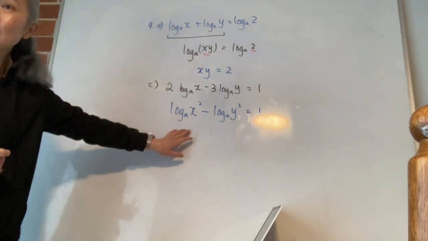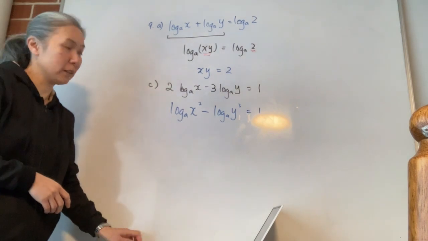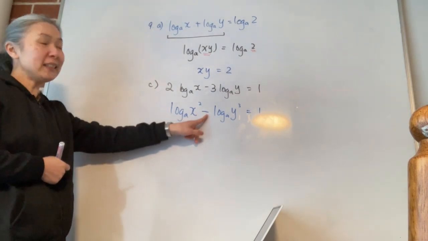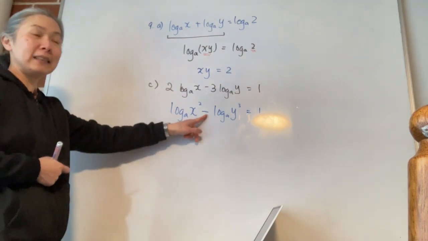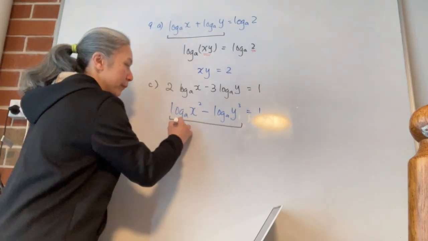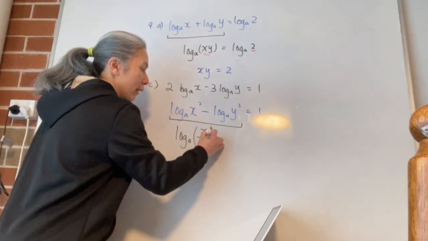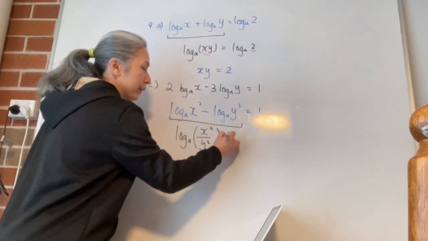Is that okay? Yeah, I think so. Because this is a minus, means I can do it as a divide. I can join these two again now. Join it, become one term. So only one log, but it's a divide. x squared on y cubed equal to 1.